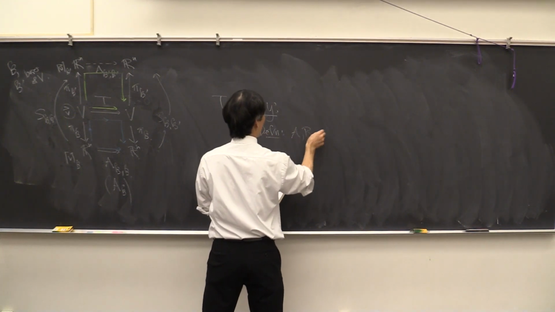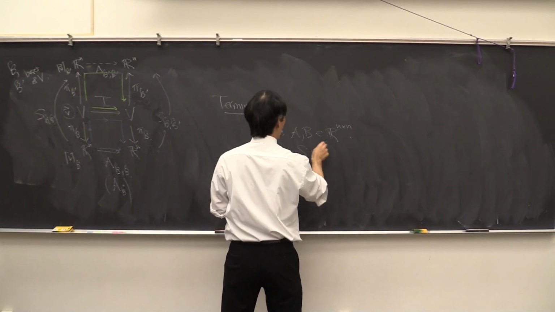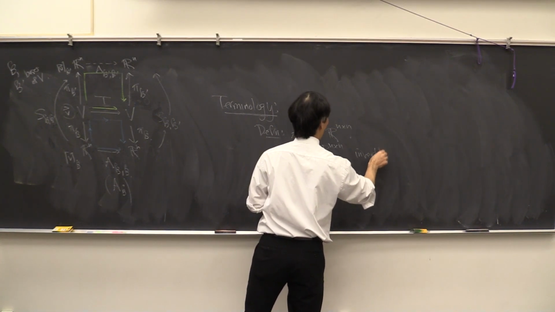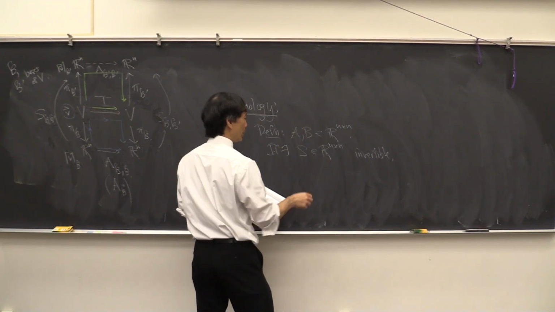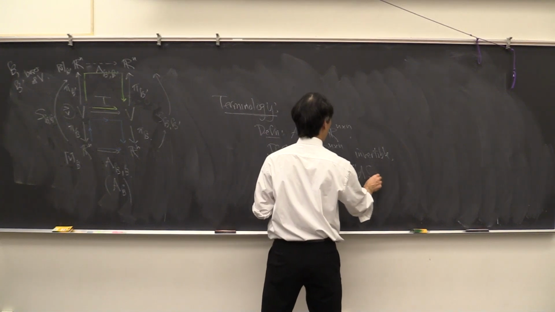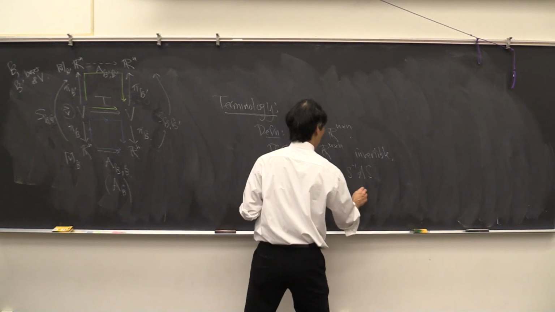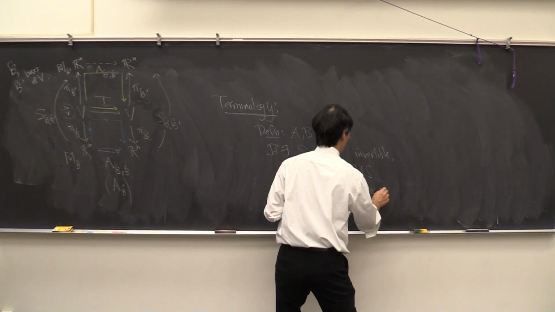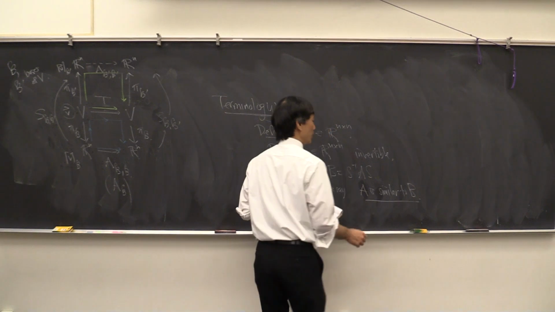If you have A and B that are n by n matrices, and you have another n by n matrix S that's invertible, so that B is equal to S inverse A S, then we say A is similar to B.